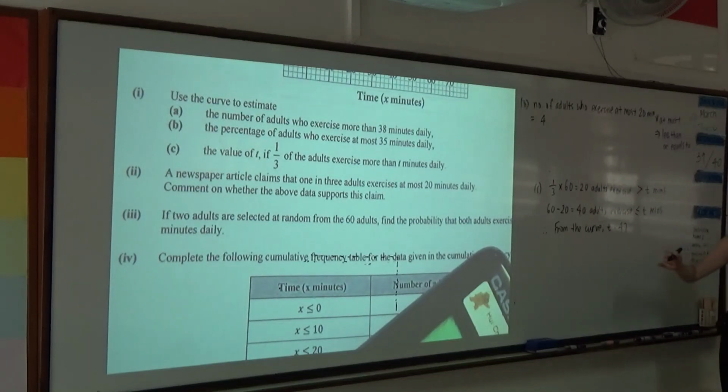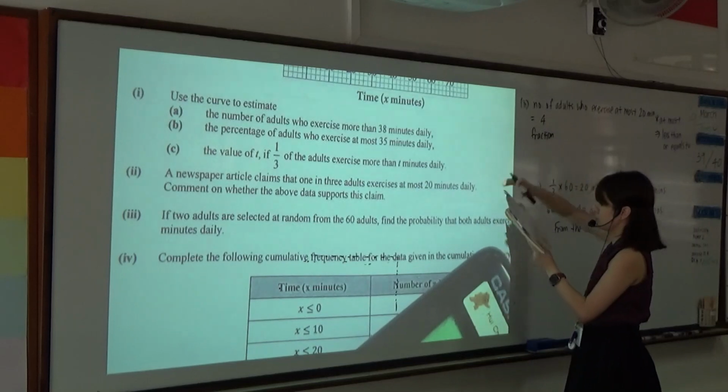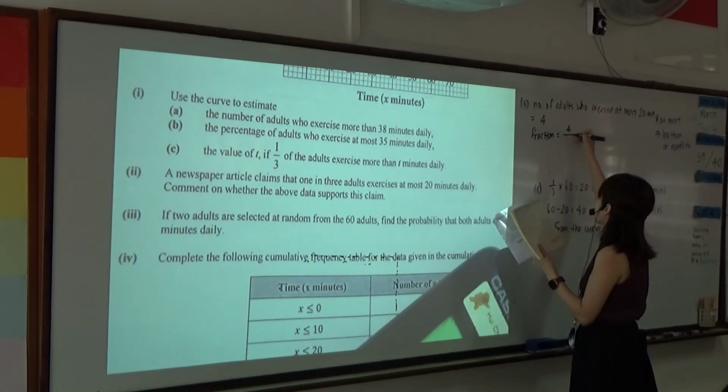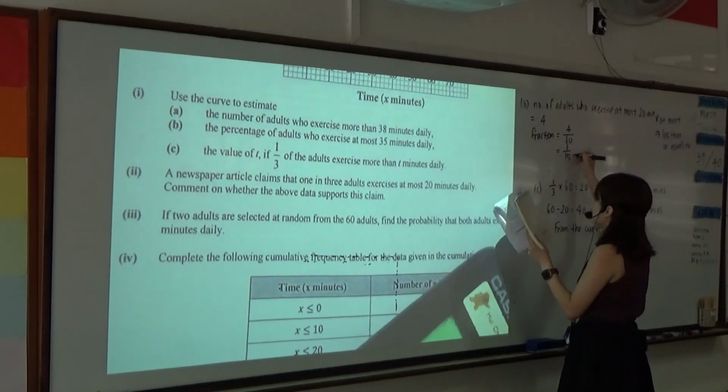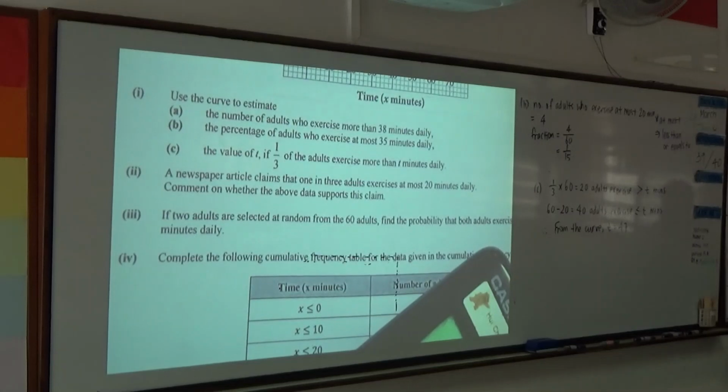And that fraction would actually be 4 out of 60, and we have 1/15. But the claim was that 1 out of 3, which is a fraction of 1/3.